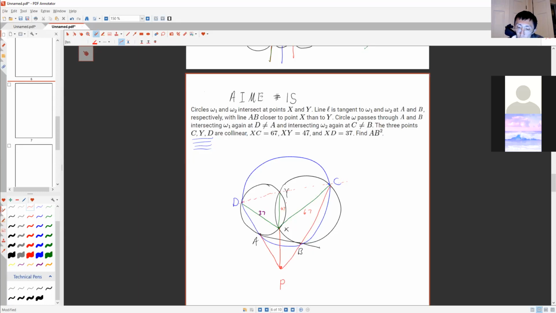So let's try to solve it together. I think that PX is a symmedian of PAB and that Y is the midpoint of CD. But why should that be true?